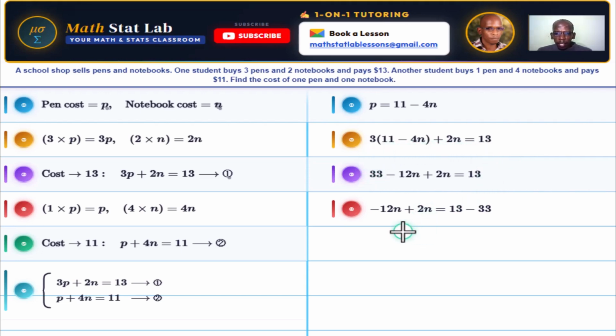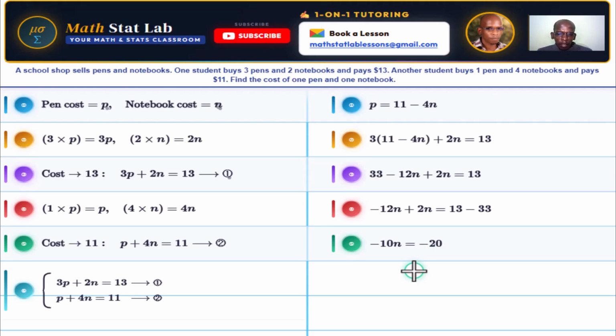So now it becomes negative 12N plus 2N is equal to 13 minus 33. Then I do the normal addition, where negative 12N plus 2N is negative 10N. Then 13 minus 33 is negative 20. So now I have negative 10N is equal to negative 20.